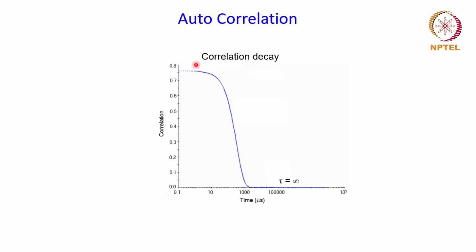So this is the correlation function, which is the essence of this analysis that will ultimately lead us to the particle size which we are looking for. To derive this decay in the correlation, an autocorrelation function is first derived. So let us go ahead and see what that is and how it can be used to derive the particle size information.